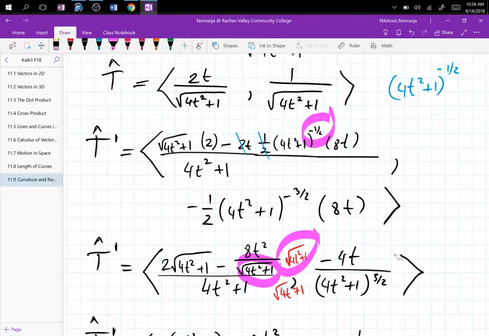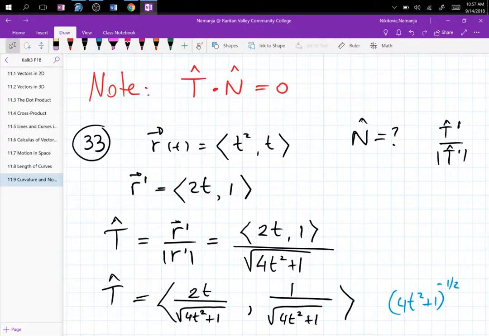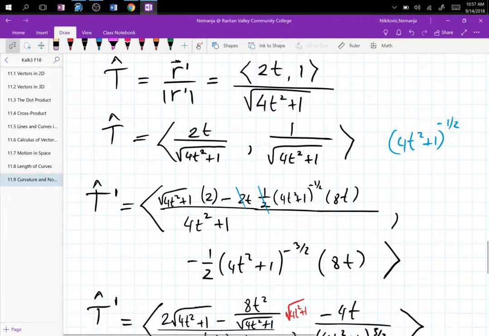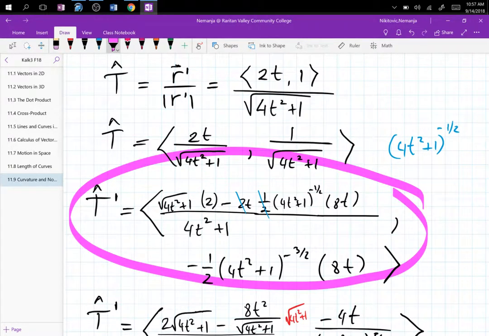Now, you have to simplify all of this as much as possible because your original formula for the normal vector is calling for division by the magnitude of the tangent vector. You do not want to look for the magnitude of the tangent vector here.